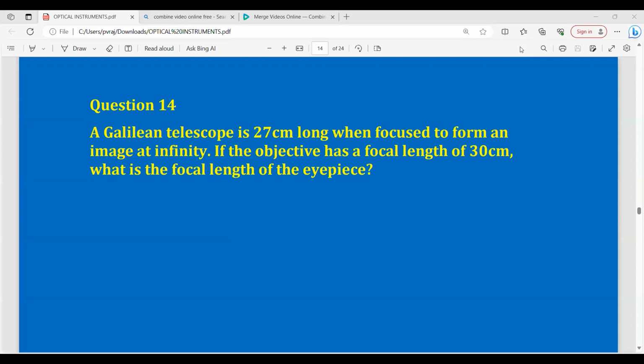The Galilean telescope is 27 centimeters long. So Galilean telescope means, already explained in the classroom only. There are 2 lenses in the Galilean telescope. But one lens is convex lens and the other lens is concave lens.